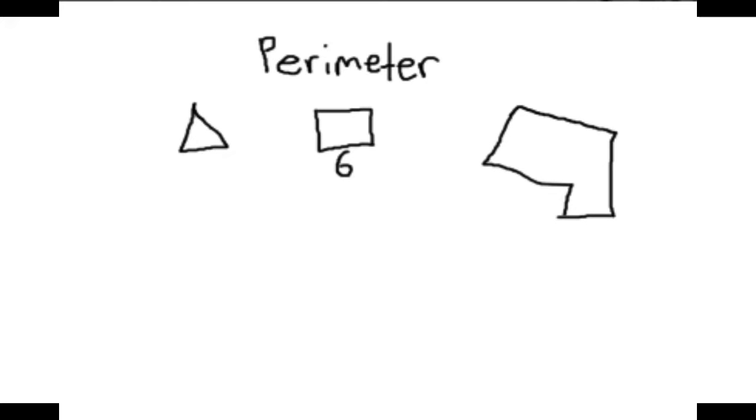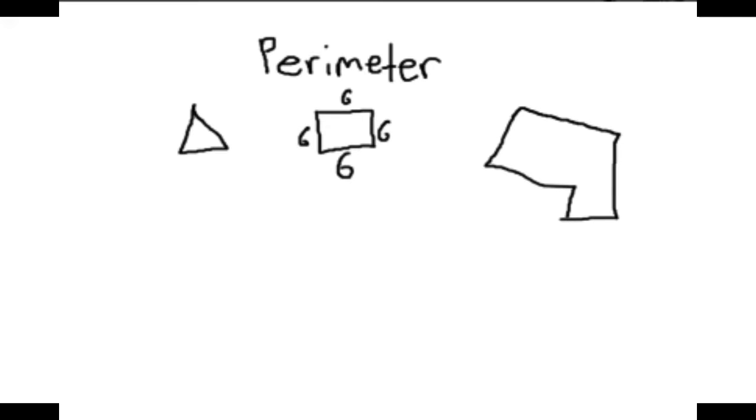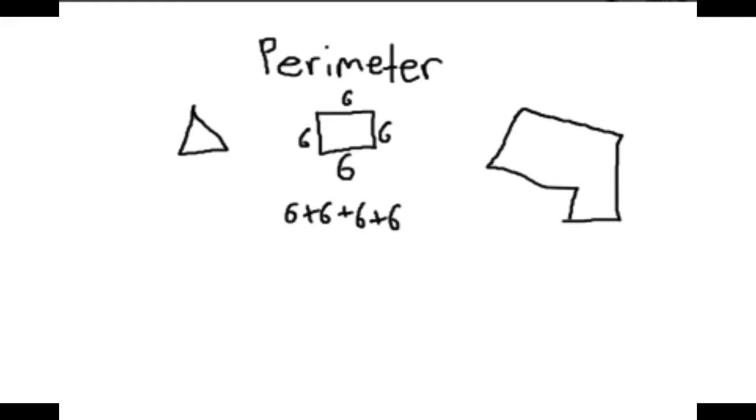So they could give you the length of one side of a square, and you are expected to know how to find the perimeter. If one side of a square is 6, that means all four sides are 6. So the perimeter, or the distance around this square, would be 6 plus 6 plus 6 plus 6. Or you could just simply do 6 times 4. Both of these will give you the same thing, 24.